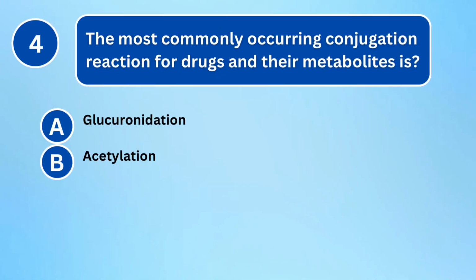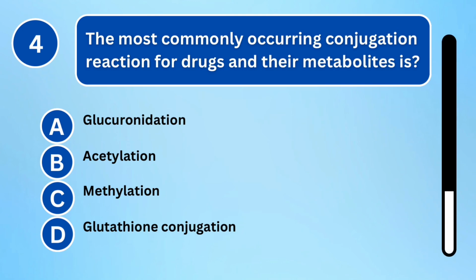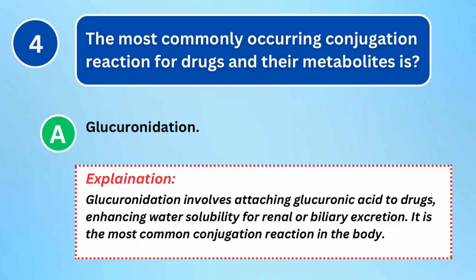The most commonly occurring conjugation reaction for drugs and their metabolites is A. Glucuronidation. B. Acetylation. C. Methylation. D. Glutathione conjugation. Correct answer, A. Glucuronidation.